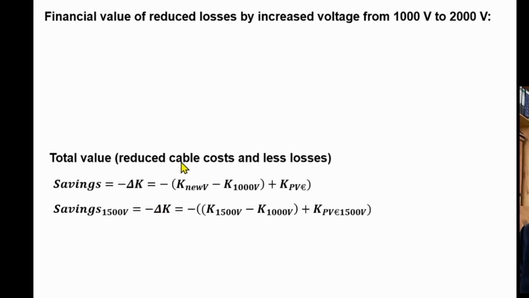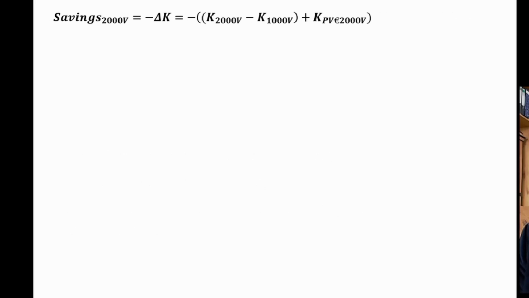So you have the reduced cable costs and or less losses, and you have to do it for every voltage separately and for each case separately: full irradiance, because the maximum current is highest, and for the second case, equal irradiance. You do the same for 2000 volts. And then you should conclude: should you do this measure, does it make sense to increase the voltage, how much would you gain, or how much would it cost you?